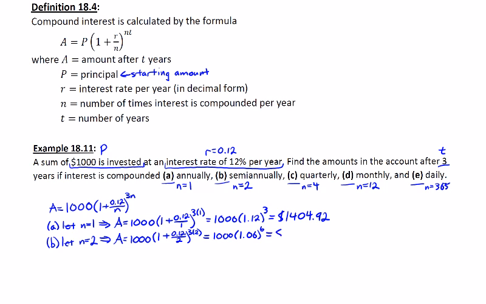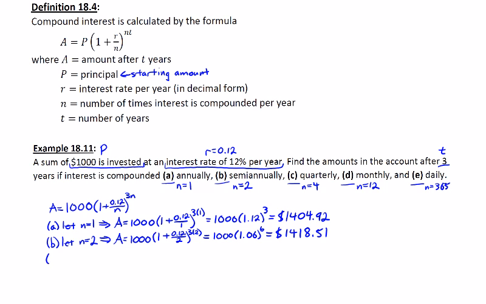And then that is going to give us an amount of $1,418.51. And that was the situation where we compounded twice a year and not just once a year. So it would appear that the more we compound in a year, the better the final result is going to be for the investment. So let's see if that trend continues.